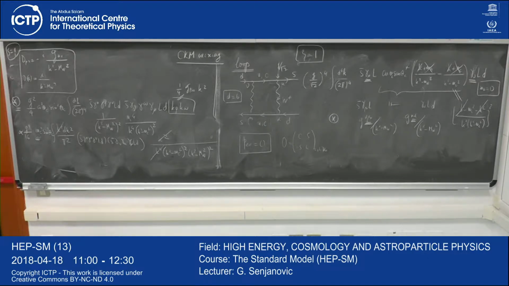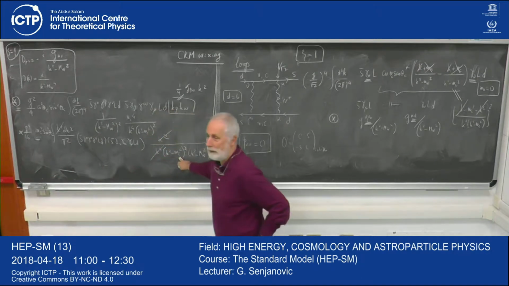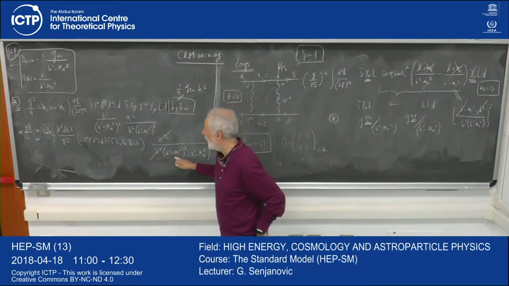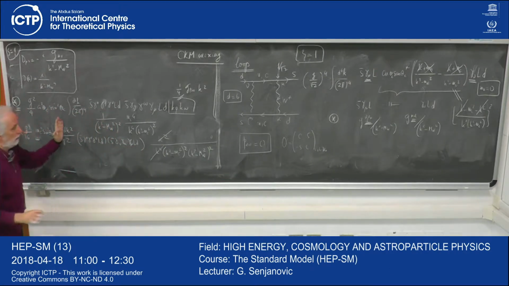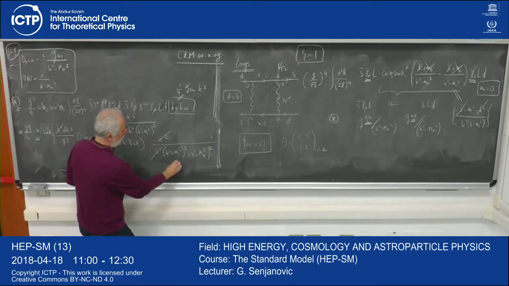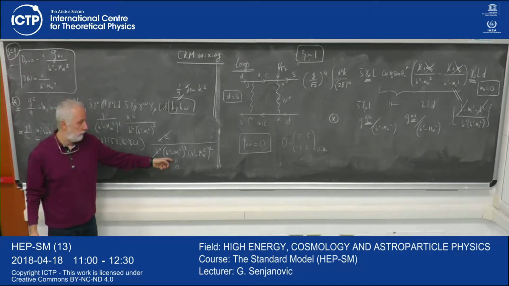When it's ultraviolet good, it may be infrared bad, and lo and behold, look at it, let's put mc equal to 0, just to see what happens. Of course, outside it is not 0. Now I'm just looking at this diagram. If I put mc equal to 0 here, I get a bad infrared divergence, which is quadratic.